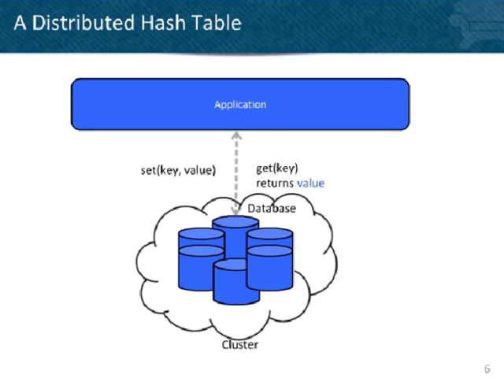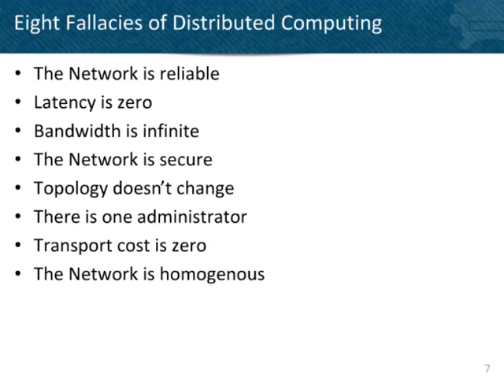Many of you have probably seen this, and you've experienced it firsthand as well. These are the 8 fallacies of distributed computing. Whenever you want to take a system that's not distributed and make it distributed, a lot of times you tend to make some assumptions which typically come back to bite you later.